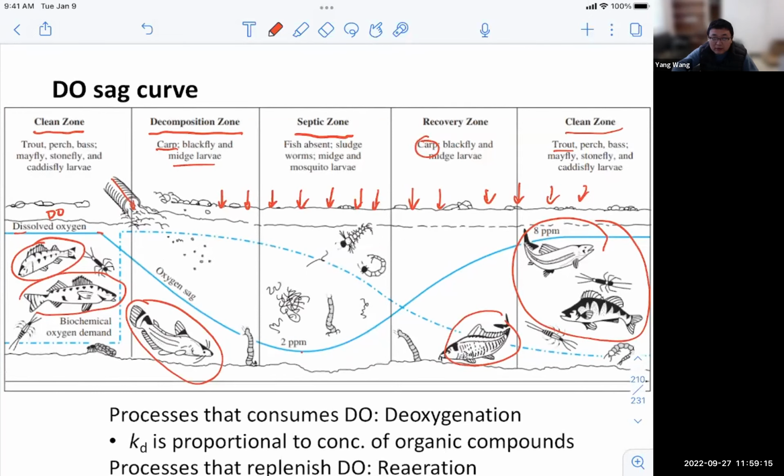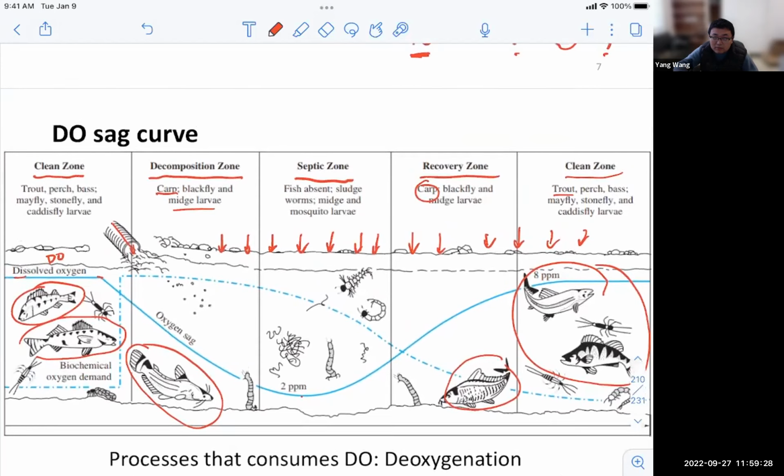This is a section where you have a very low concentration of DO. You have the recovery zone, where the oxygen concentration is getting back because the oxygen in the air is adding back into the water. And then you finally have the clean zone.